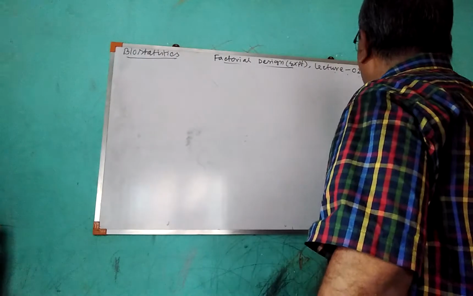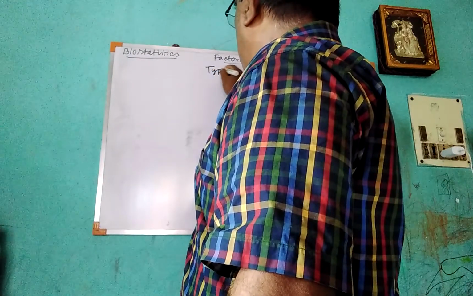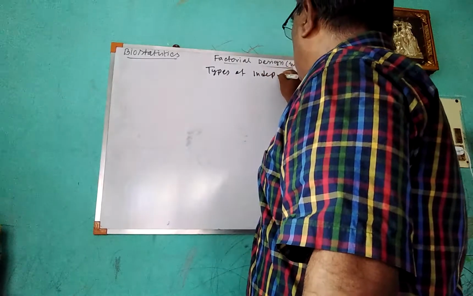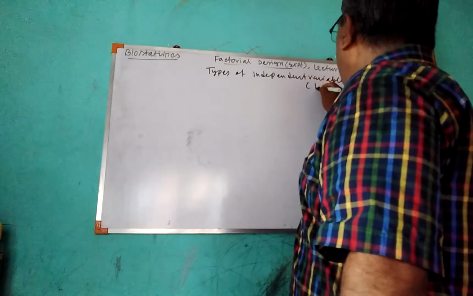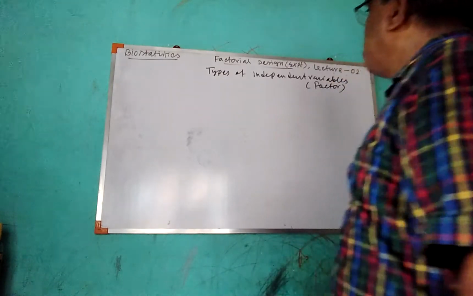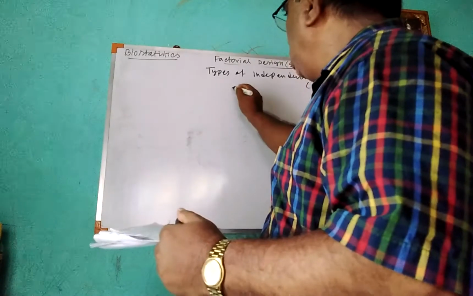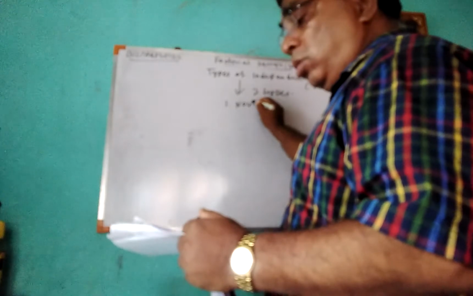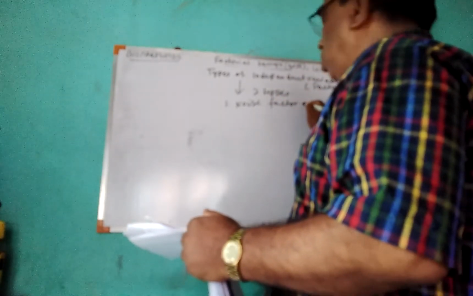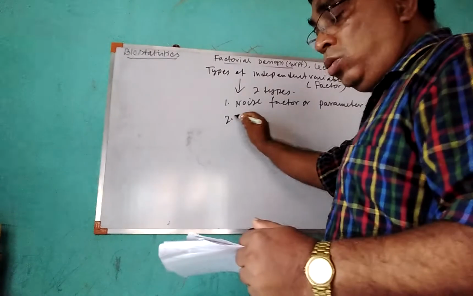Types of factor: number one, noise factor or parameter; number two, control factor.